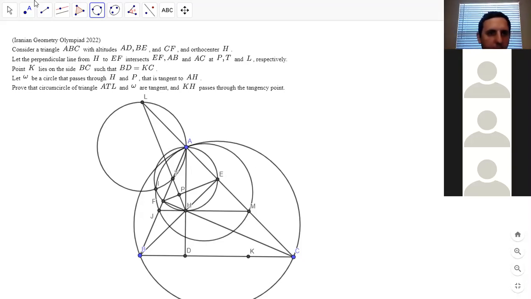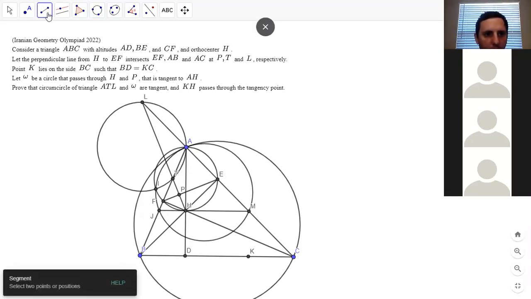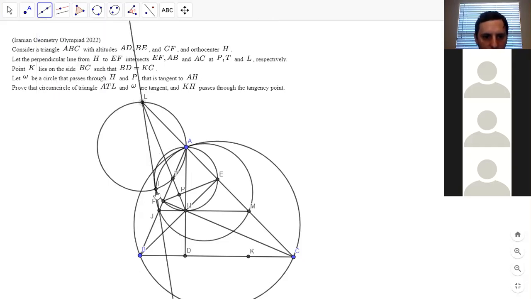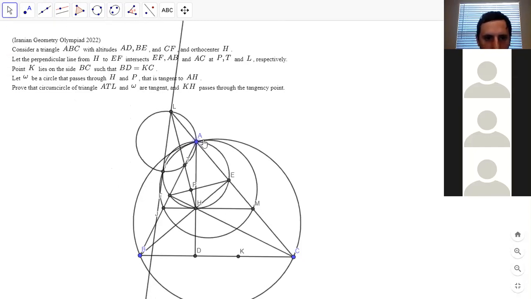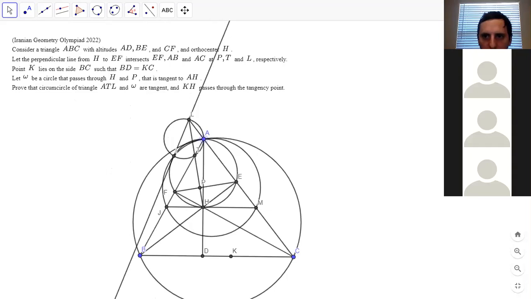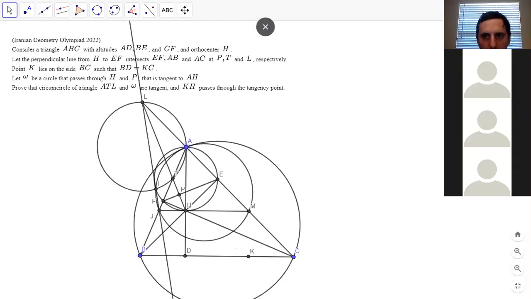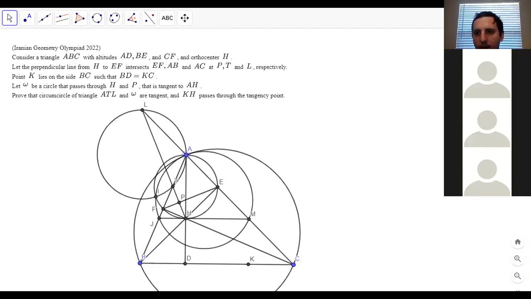Are L, I, and J collinear? Looks like it, yeah. Let's just make sure that's true. Oh no, that's not true. About proving that AJM is tangent to the circumcircle, it is obvious. Yeah, it's just homothety.